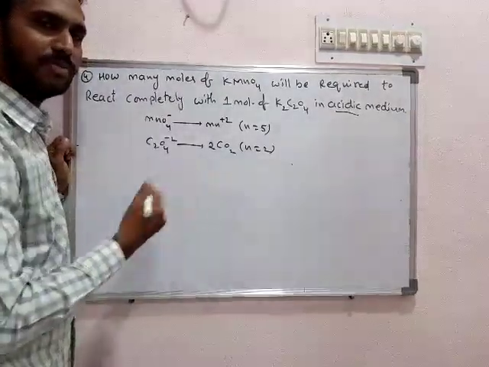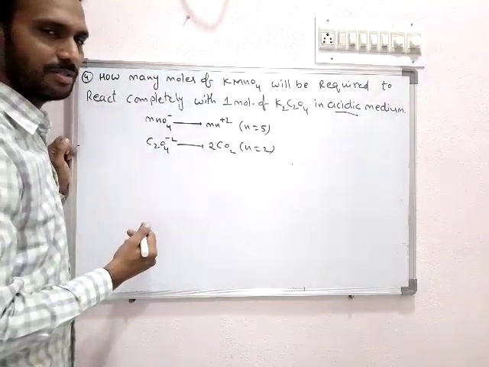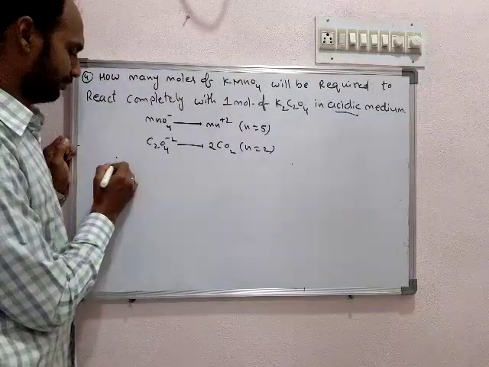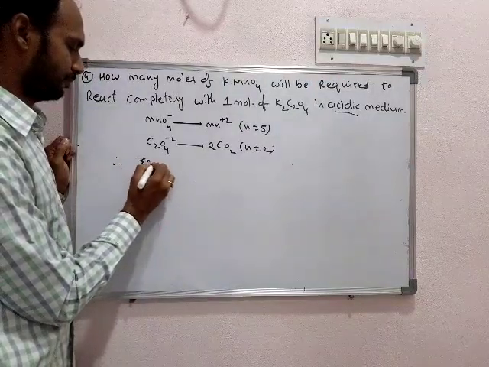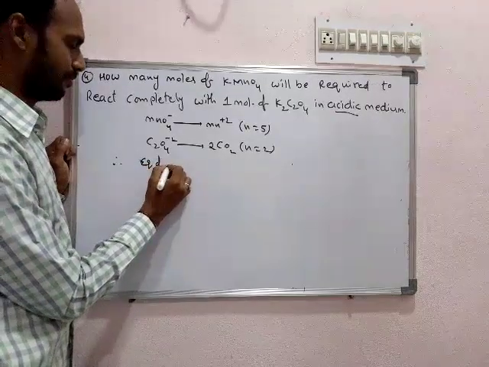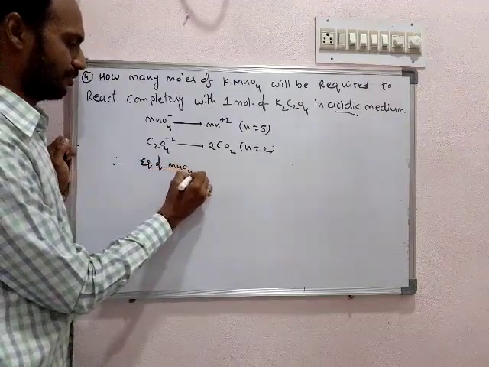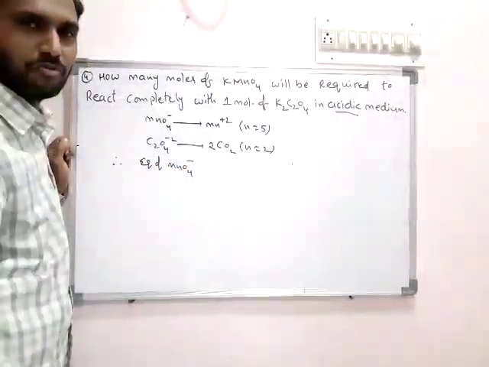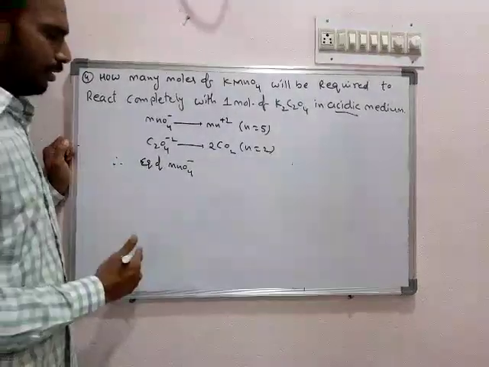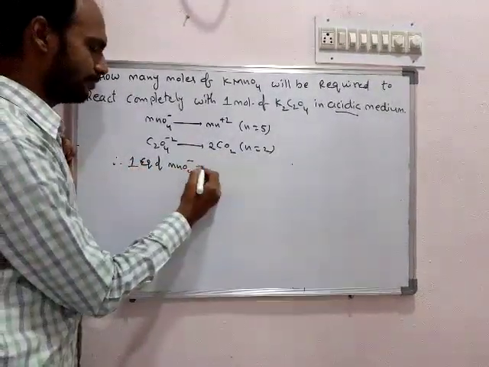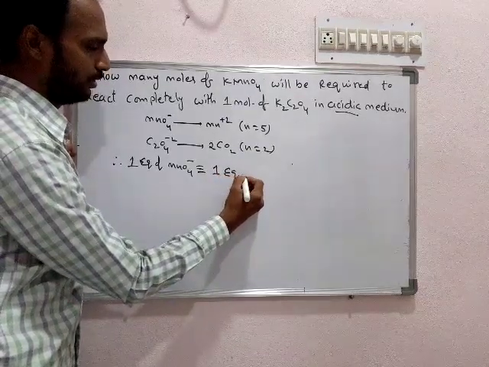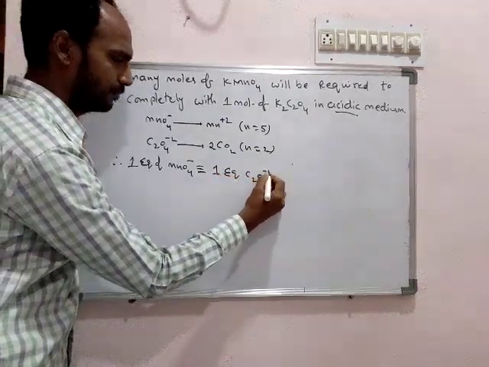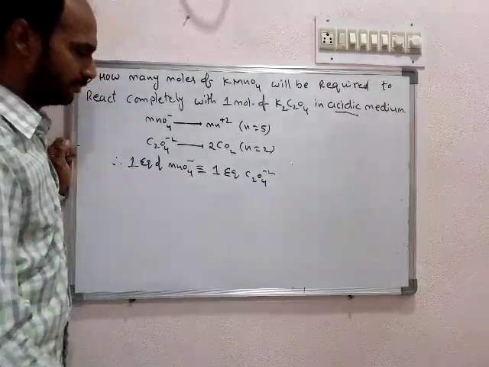Here no volume terms are given, therefore the equivalents of MnO4 minus is exactly equal to the equivalents of oxalate.